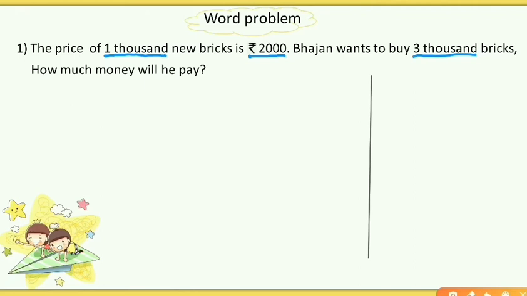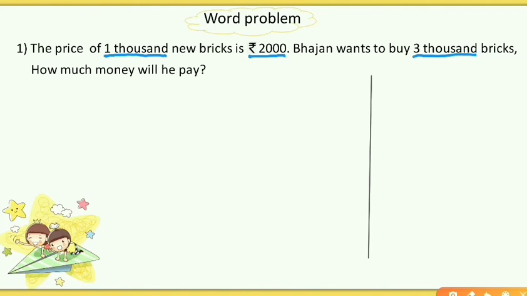So now you can come to the conclusion that to solve this problem you have to multiply. So whenever we do a word problem, first we underline the key numbers or keywords, and then we try to find which operation we will apply to solve our problem.